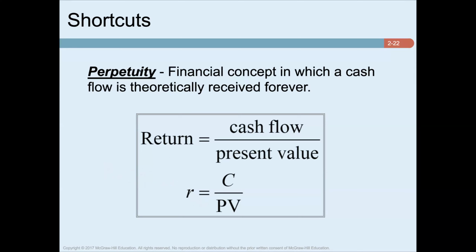So that's a perpetuity. If we are going to get money forever, our return is the cash flow divided by present value.